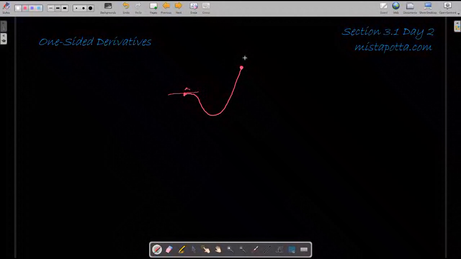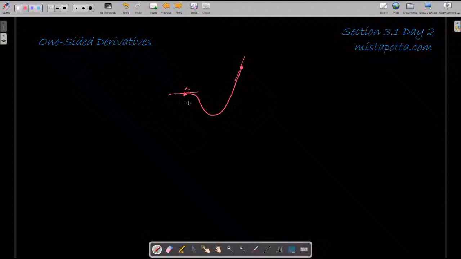And I also appear to have a certain slope at my tangent line over here, even if I can't find a true limit because I don't have a limit from both sides.